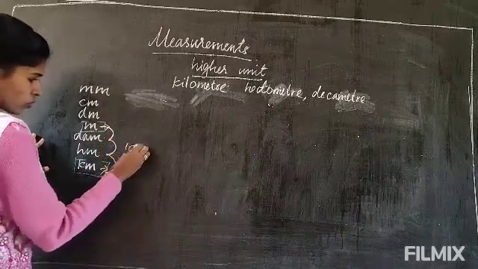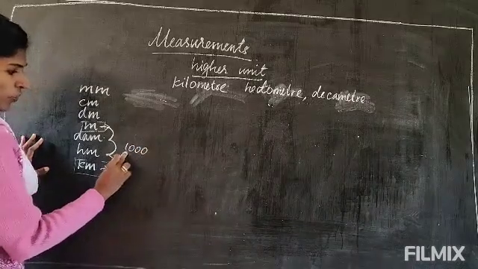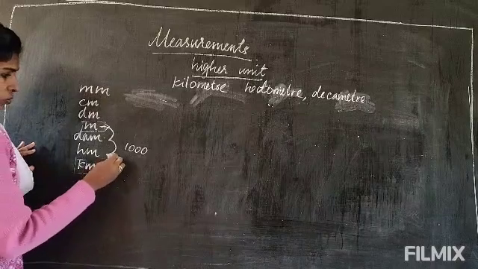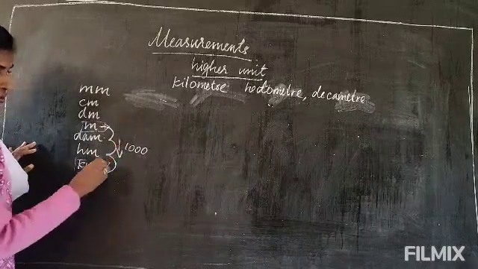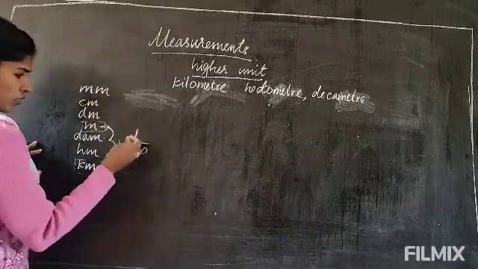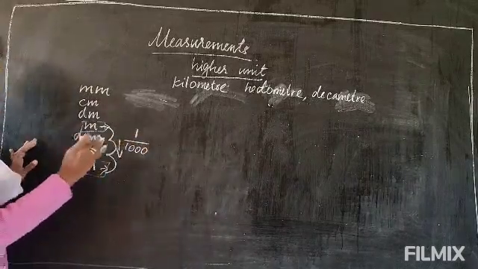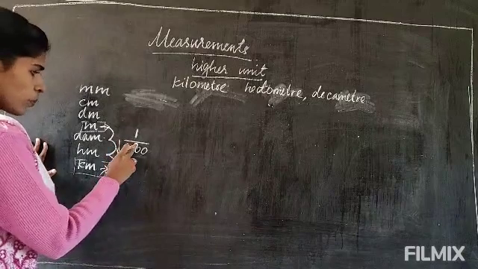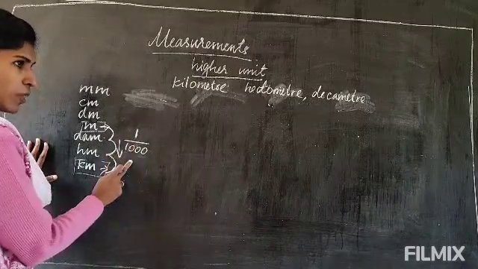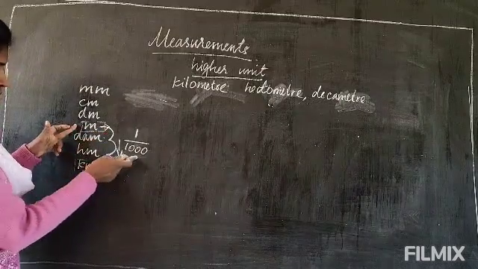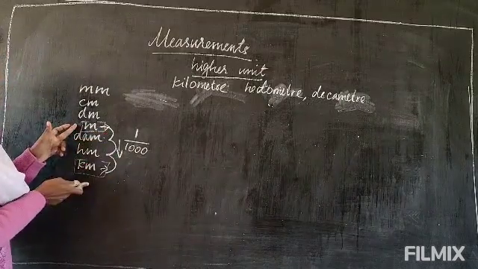So three zeros, the number is 1000. Now we are coming down, and when you come down, it is division. The fraction means dividing. So 1 divided by 1000. If you divide the meter by 1000, it will be converted into kilometer.